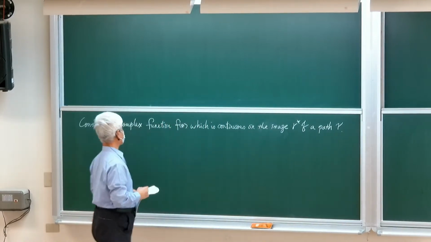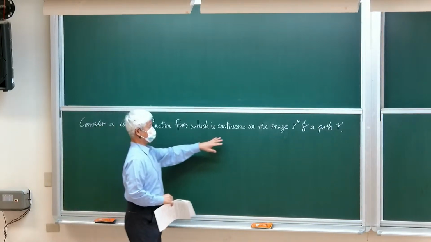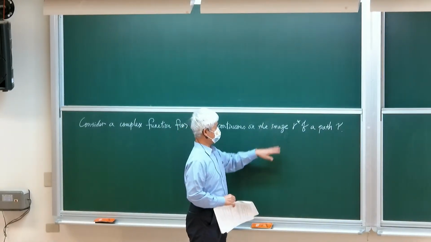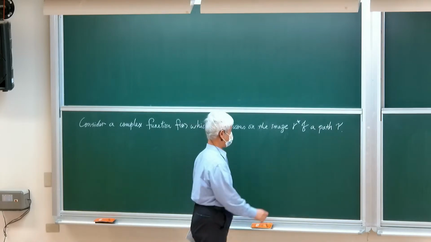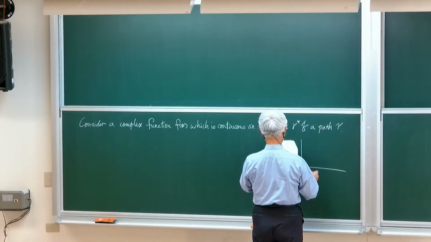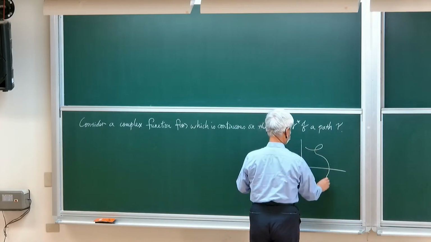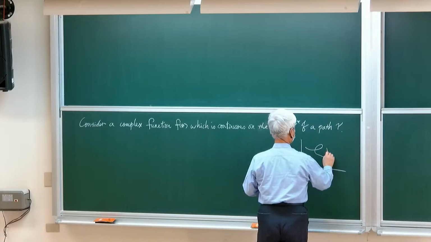Okay, so we now consider a complex function, which is continuous on the image of a path.